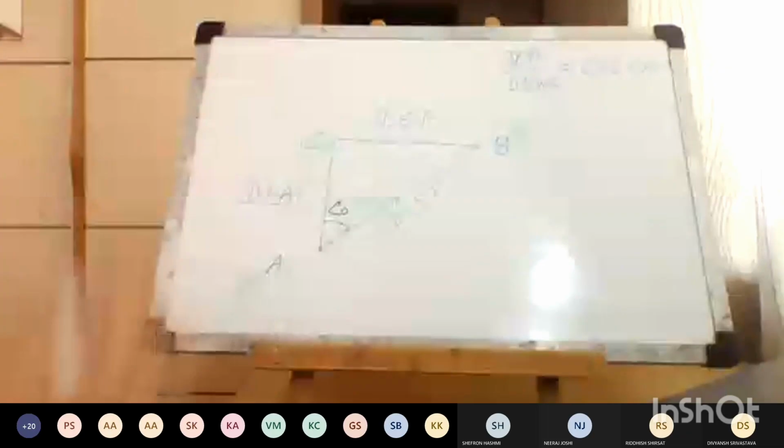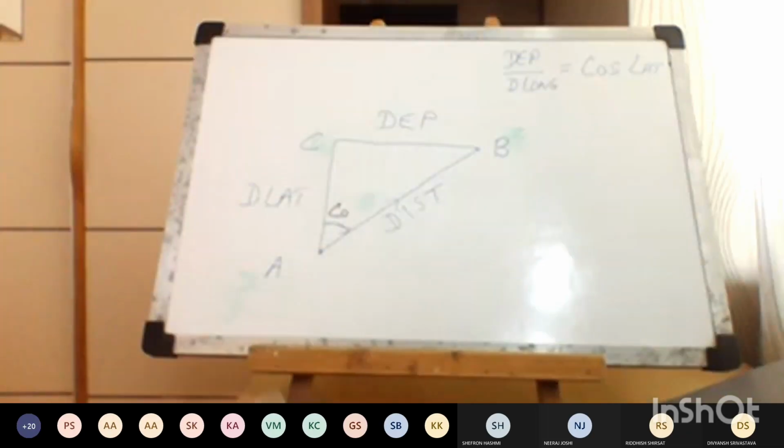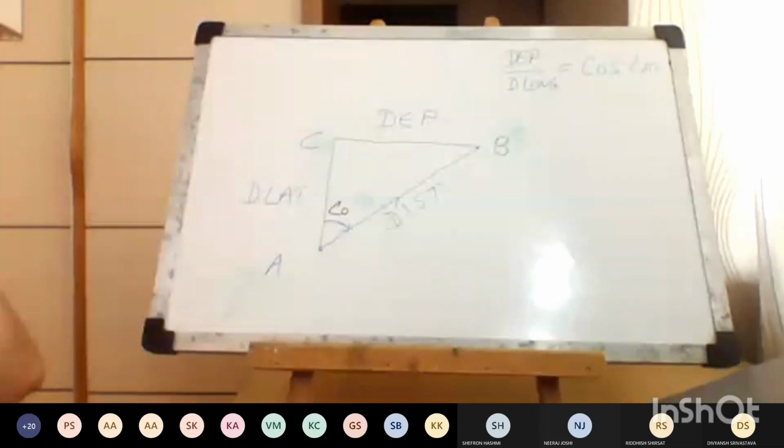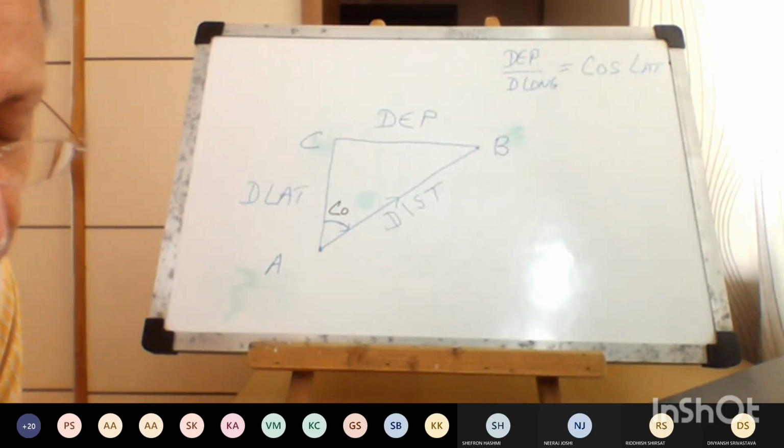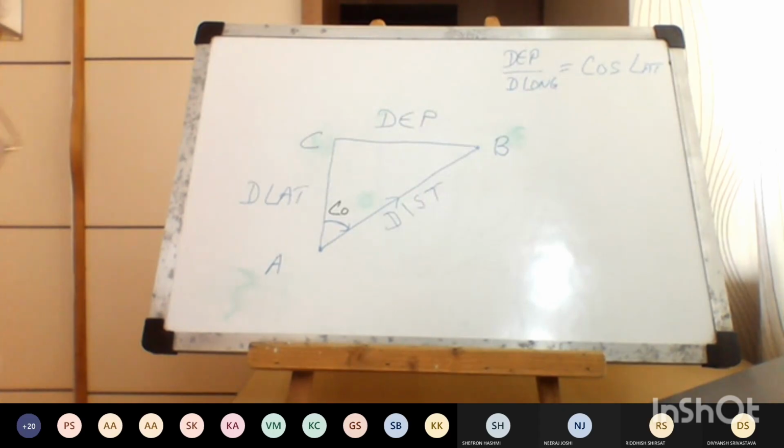This becomes my course. So there are 4 important things in this triangle by which, if we have 2, we can find the other points that we need, other coordinates.